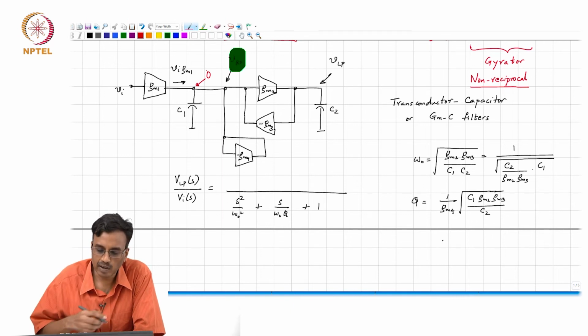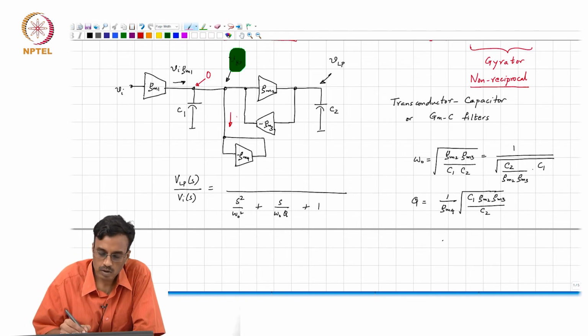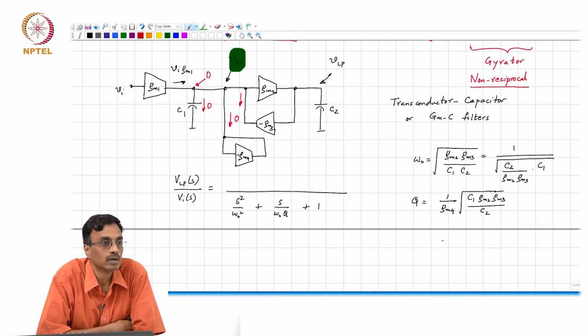So if that voltage is 0, what is the current flowing through this branch? That current is 0. So where is all this current flowing? What is the current flowing through the output of GM3?